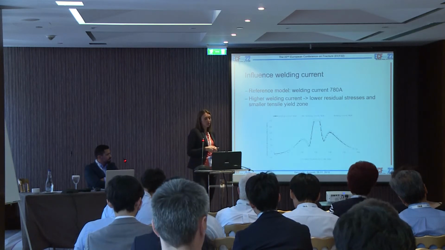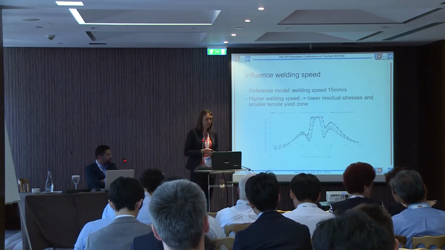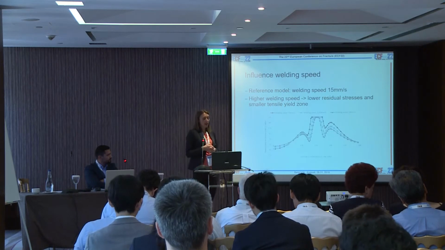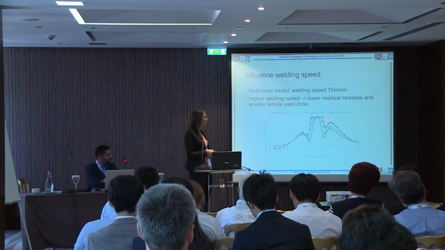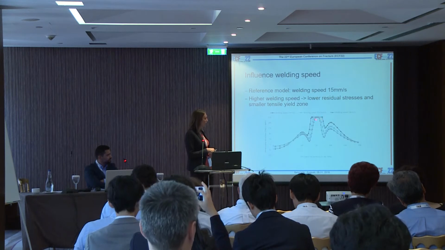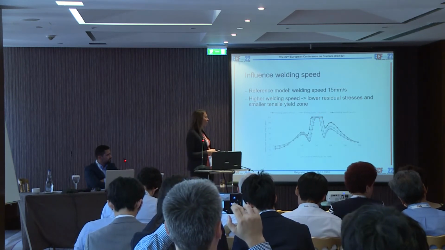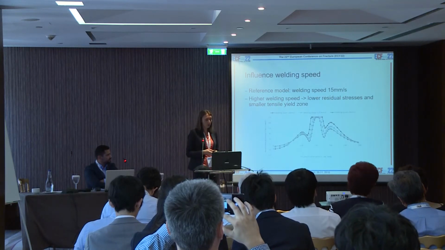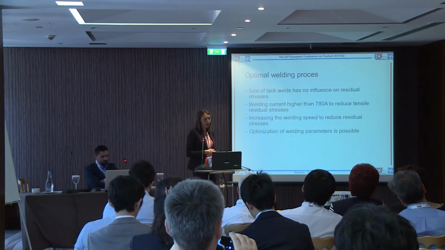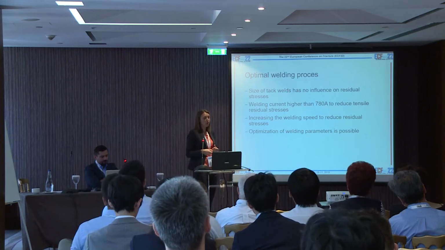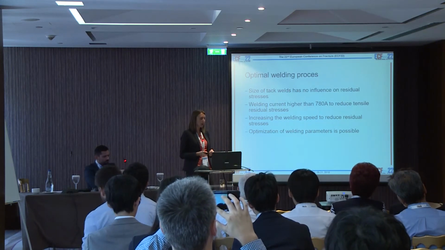The parameter which had the most influence was the welding speed. The higher the welding speed, the smaller the residual stresses, and especially the tensile yield zone was really smaller when the welding speed was higher. So in this way, we can optimize our welding process.